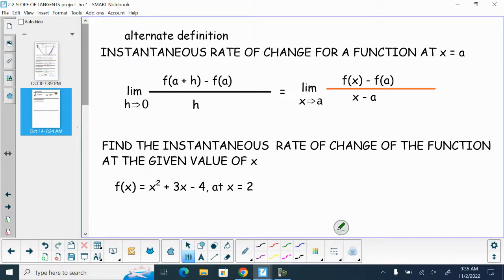And there are two ways of dealing with slopes of tangent lines. An instantaneous rate of change of a function. Instantaneous rates of change of functions are tangent lines, and we're talking about slopes of tangent lines.